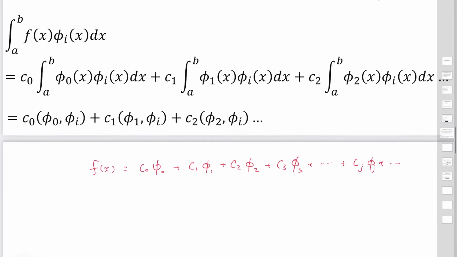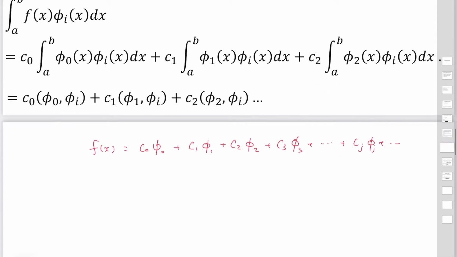Then we take an inner product with phi sub i on both sides of the equation. So we multiply both sides by phi sub i.